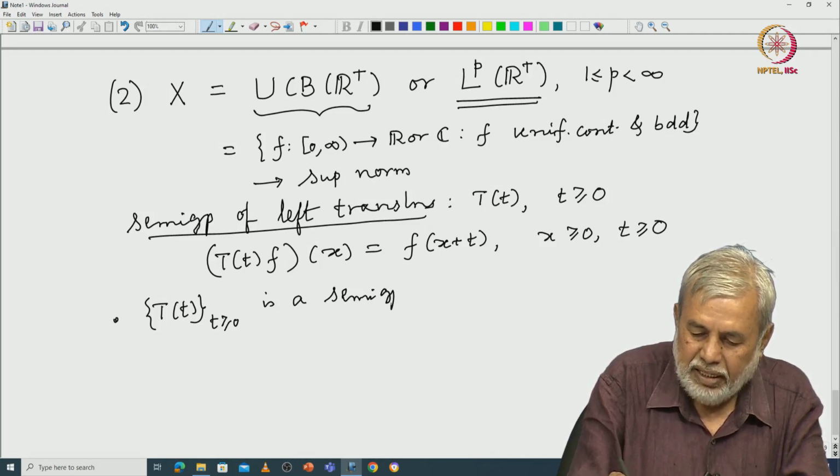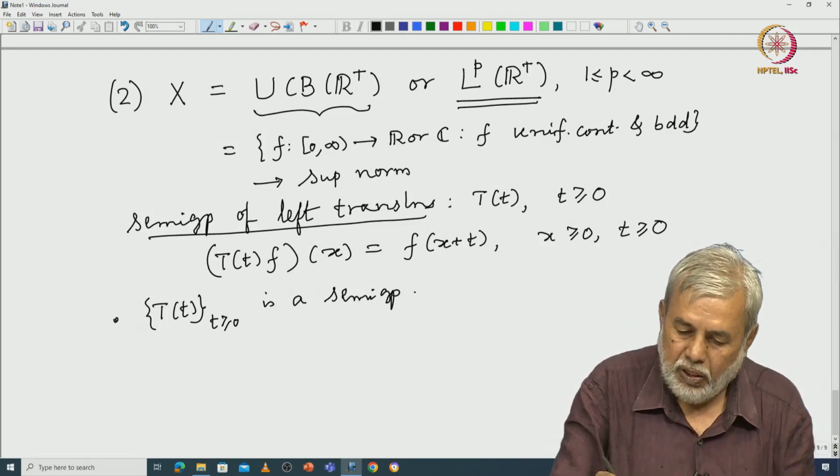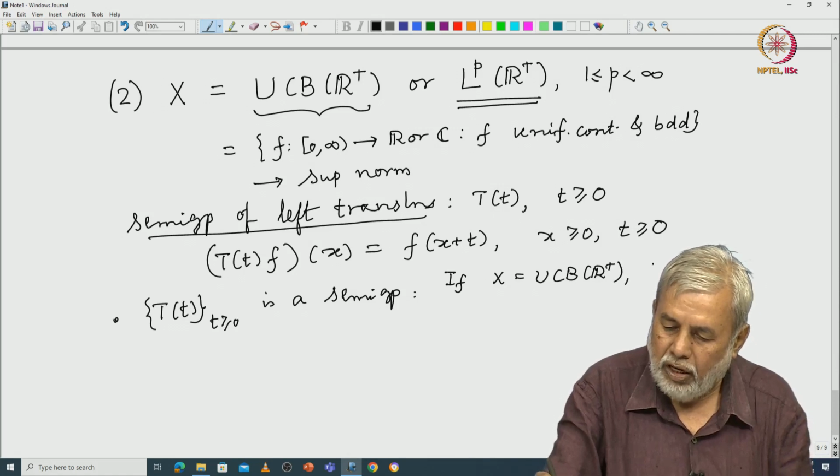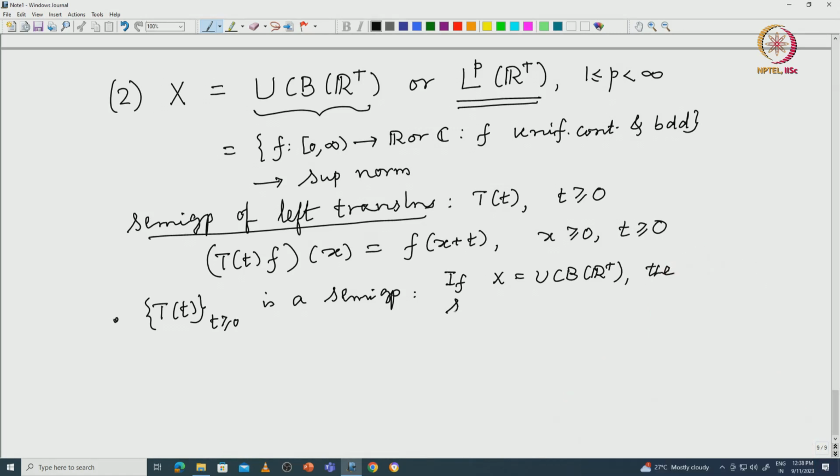So, let me just mention here that if X equals UCB, the strong continuity follows from uniform continuity, because in this space the elements are uniformly continuous. Okay.